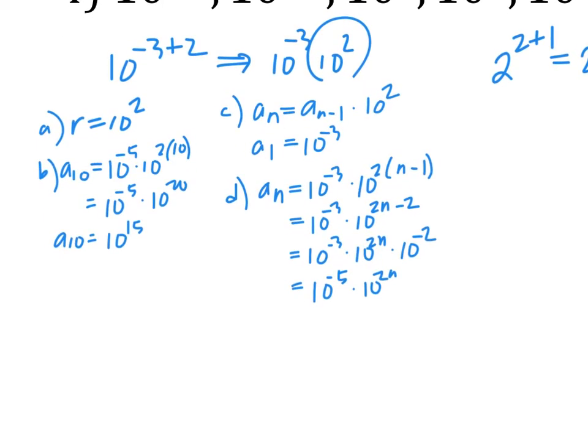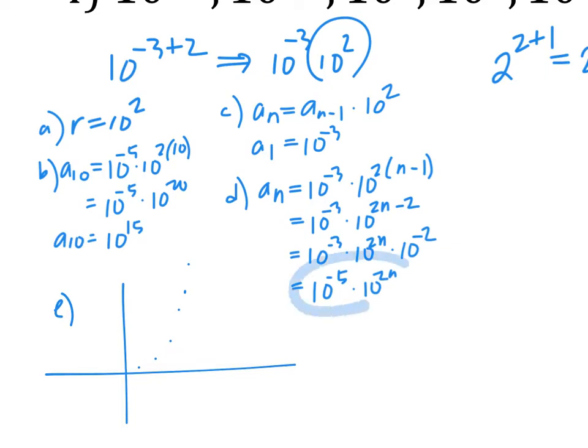Now, when you put this in your calculator to graph, you'll see that this looks something like this. Sorry, we don't have any numbers. Okay, so you'll see this graph looking like this. This is actually an exponential graph.